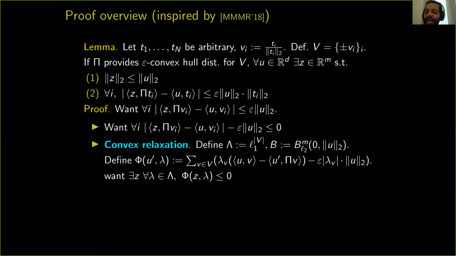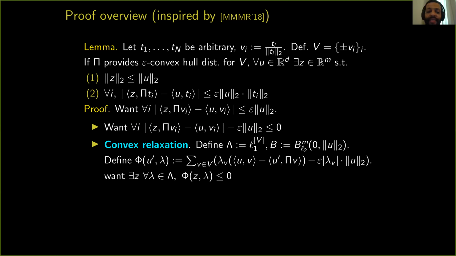What does this summation say for that choice of lambda? Everything in the summation dies except for the Vi-th term. And what you have is u dot Vi minus u prime dot pi Vi minus epsilon times the L2 norm of u, and I want phi to be non-positive. That's exactly the constraint from above.